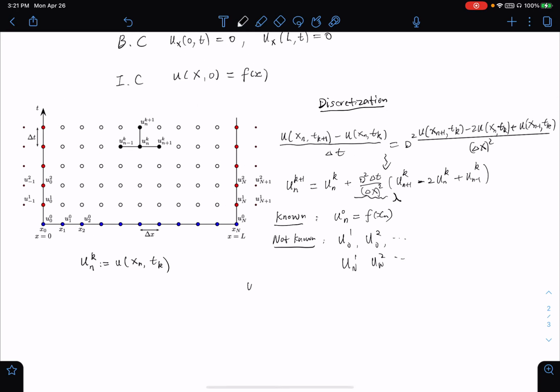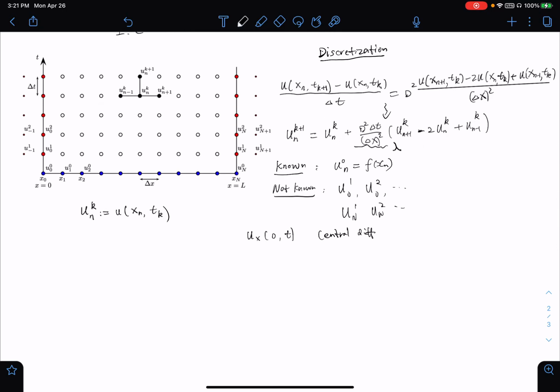For u_x, for example, at 0 and t for all time t, the central difference, which is the first order derivative, gives us u at 0 plus delta x at time t, minus u at 0 minus delta x at time t, divided by 2 delta x, right?